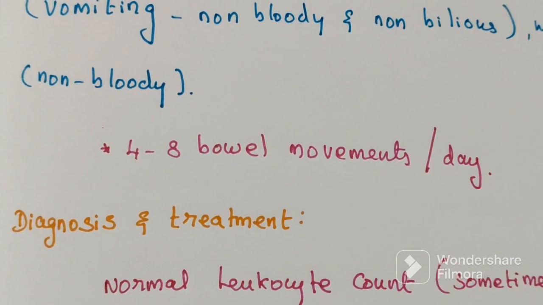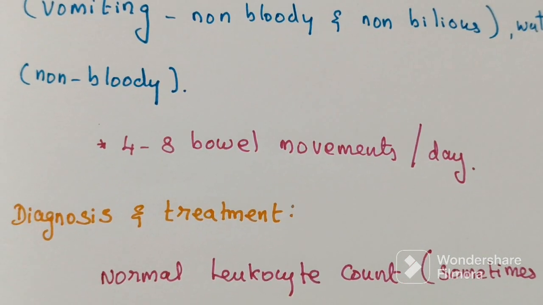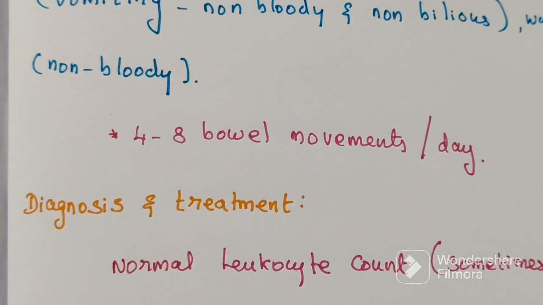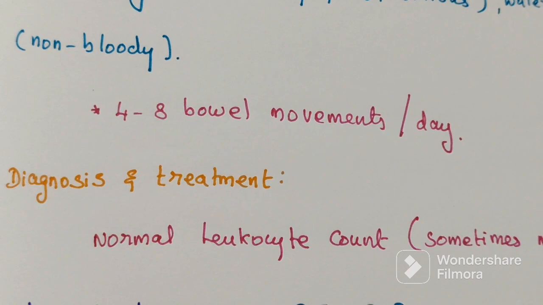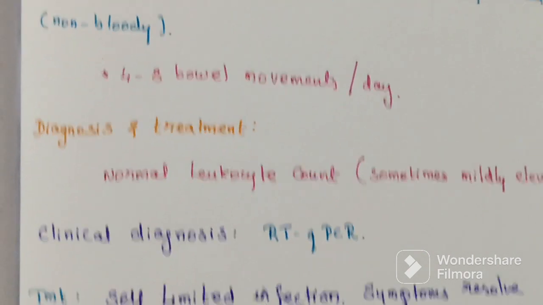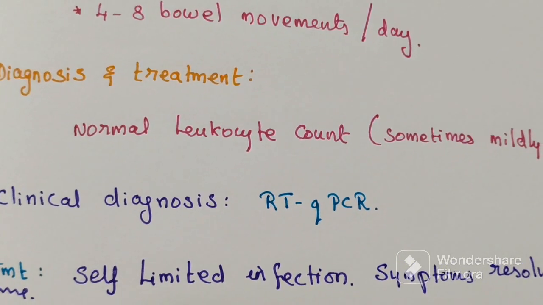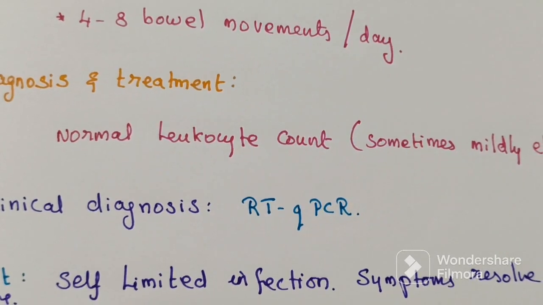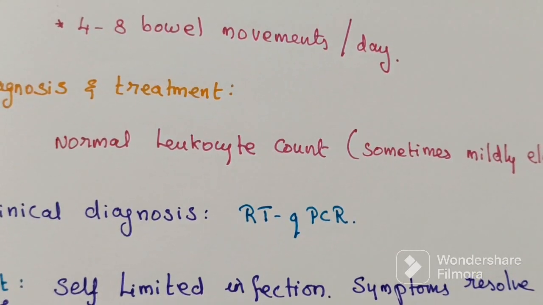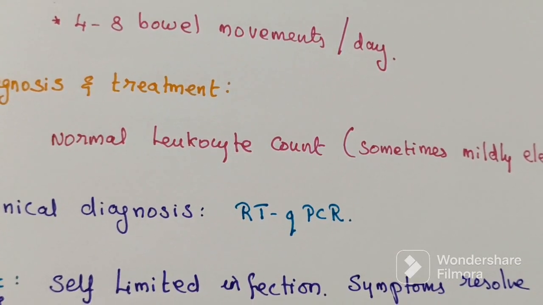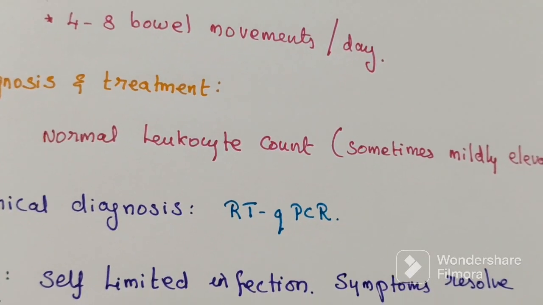You see 4 to 8 bowel movements per day. The key with norovirus is that nausea and vomiting occur more often than diarrhea. Other viruses can cause acute viral gastroenteritis, but if you see an individual with more vomiting than diarrhea, it is more likely norovirus causing the infection. Fever does not always happen.